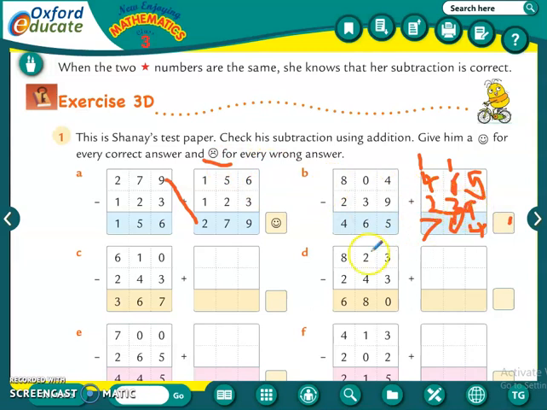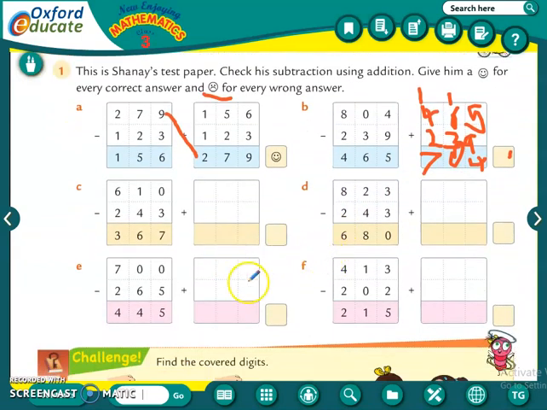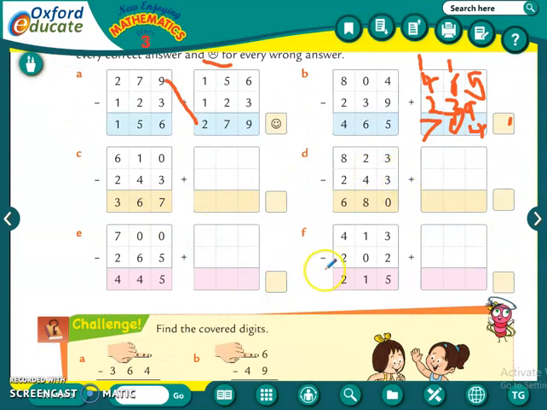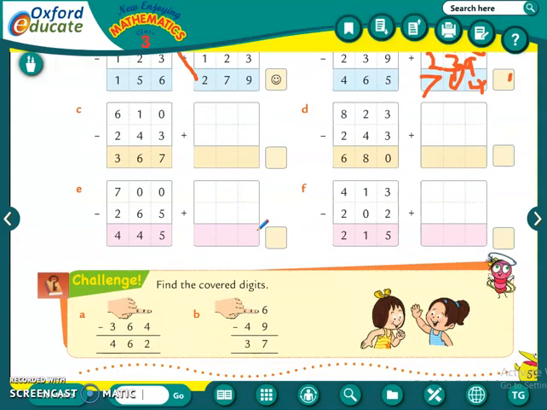Okay, same way you have to do the rest of the sums. These 4 sums, 1, 2, 3 and 4 sums you have to do. You don't have to do any calculation here, and here also you have to write the number, and afterwards you have to do it. Okay, so now you can try it, you can do it by yourself.